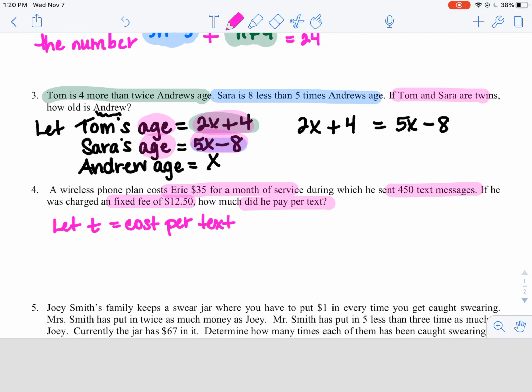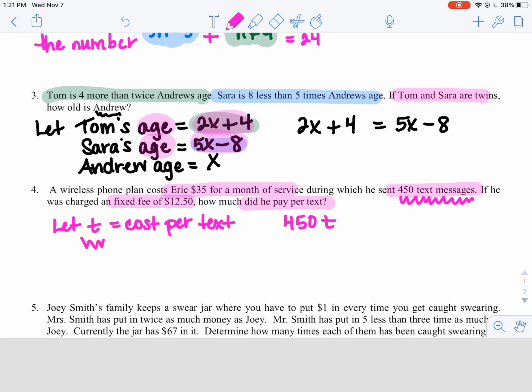So we know that he sent 450 text messages. If each text message cost $1, which it doesn't, I'm just saying that to give you a way of using an easy number, how much would you have spent? $450, because you would do 450 times the cost of each text message. We don't know the cost of each text message, so we're going to say 450 times T. Okay, so 450 for each of the texts times however much a text cost.